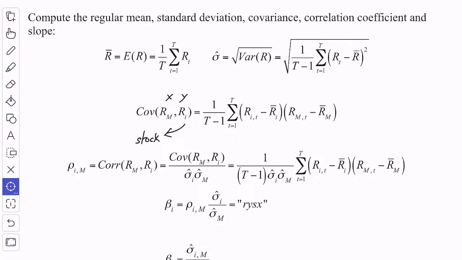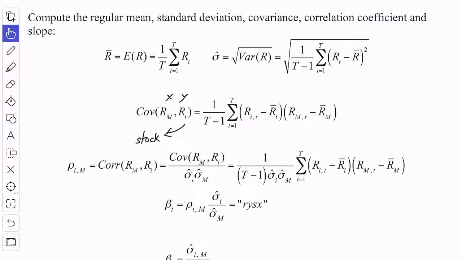And all I'm doing by reviewing these formulas is to help you realize that you know these already. I'm just using different letters to represent returns. This is the deviation from the mean for the stock, and this is for the market return.